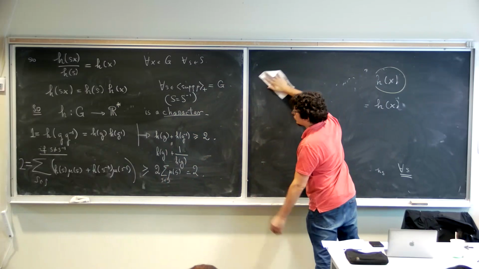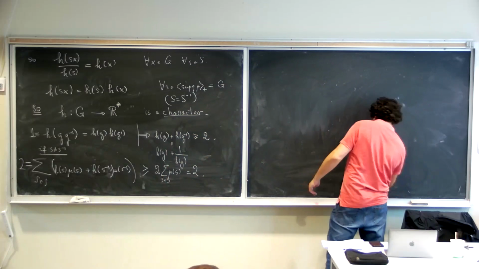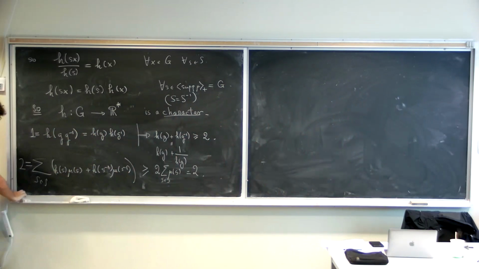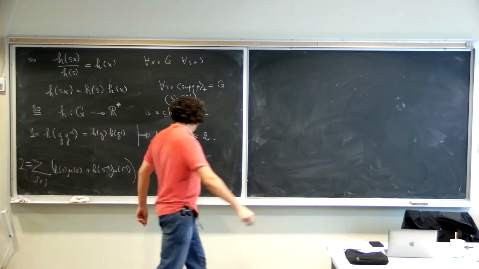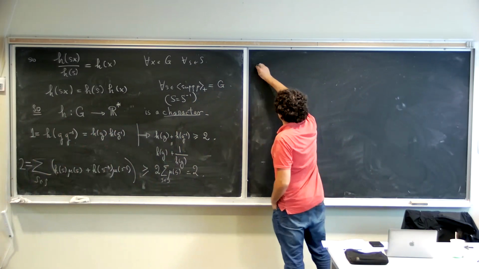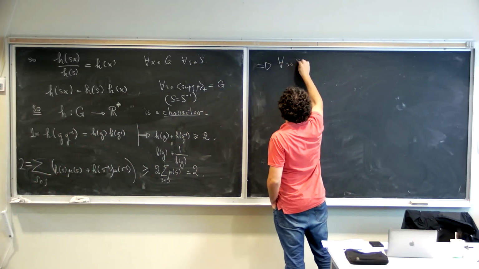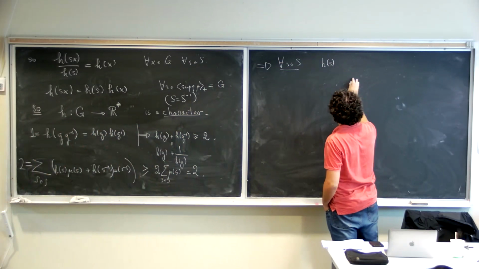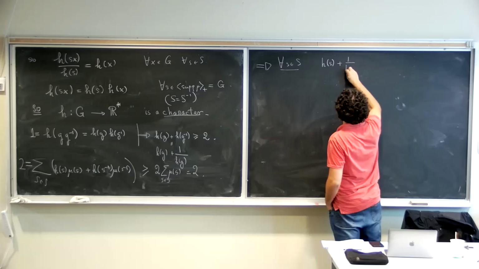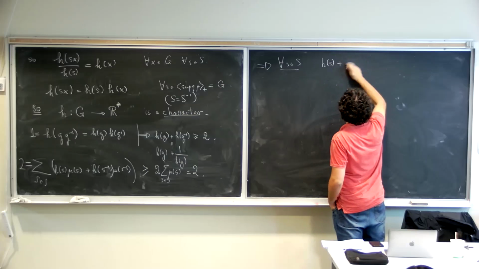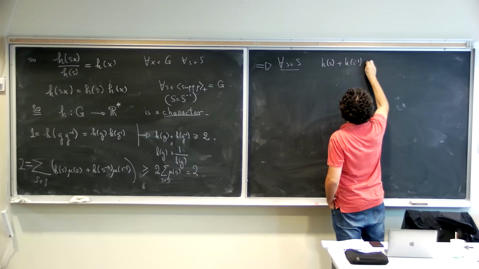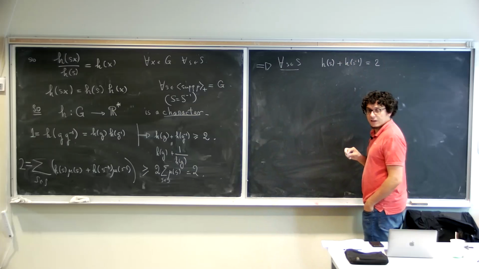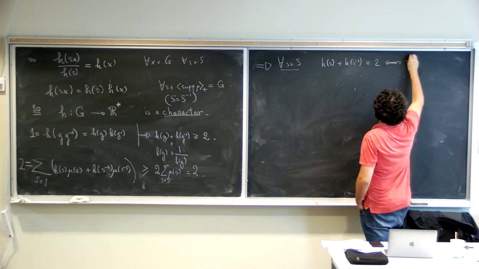In fact, so far we're not using the fact that S is different from S inverse. This proof still works. So we need that for any S in the support, H of S plus H of S inverse is equal to 2. But this is only the case if H of S is 1.